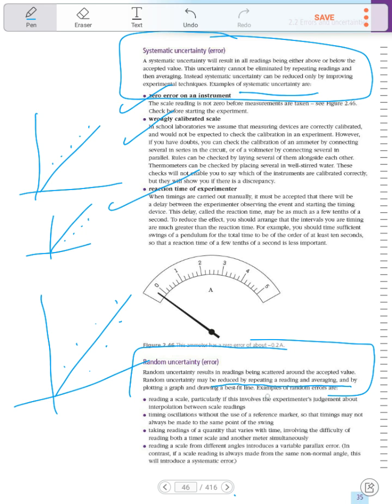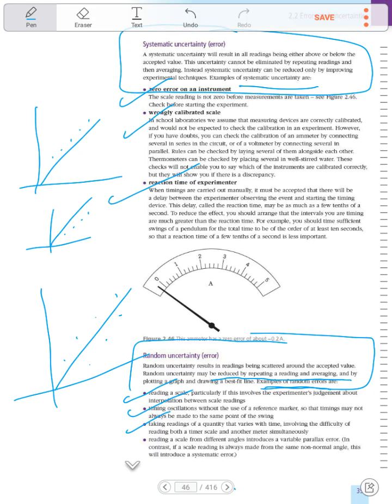Now, examples of random errors include reading a scale, particularly if this involves the experimenter's judgment about interpretation between scale readings, timing oscillations, taking a reading of a quantity that varies with time, or reading a scale from different angles.